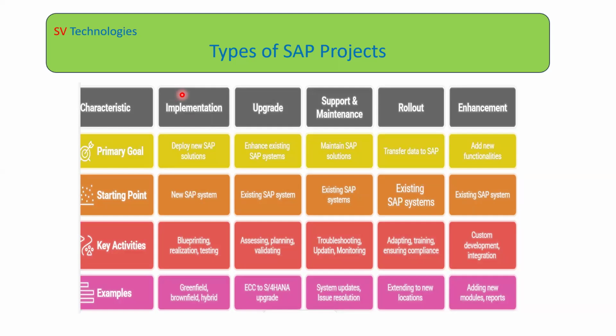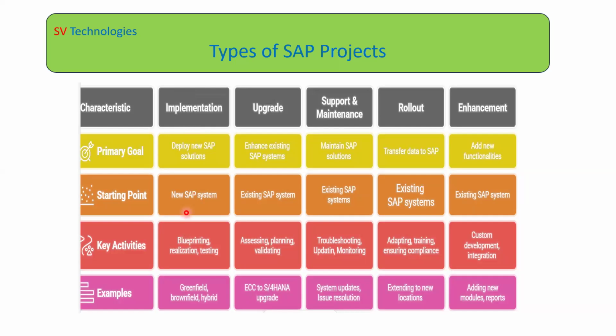So what is the input required? You should know the business requirement first. Once you get the business requirement, only then can you start designing the SAP system as per it. So to know the business requirement, what is our role as a consultant?